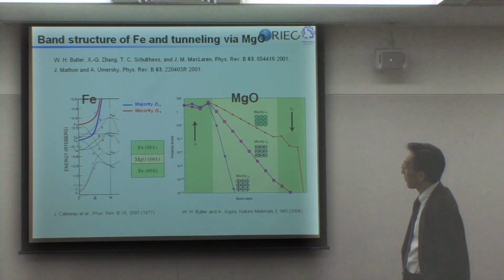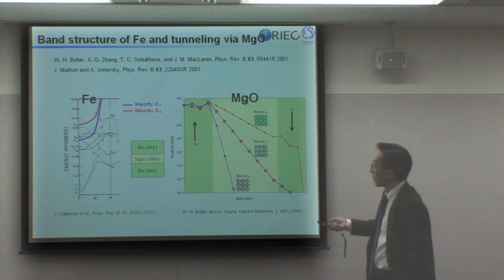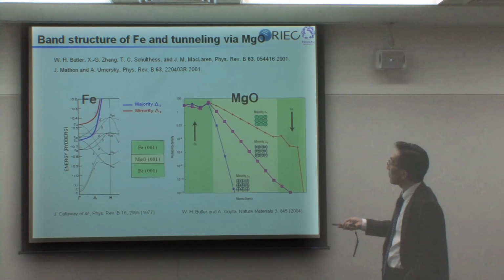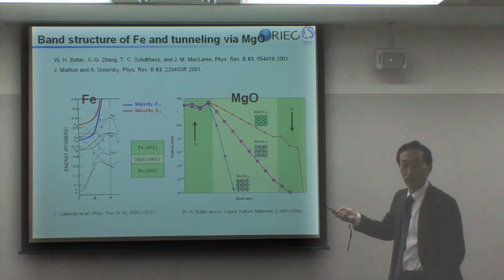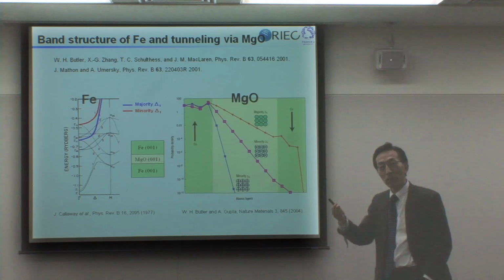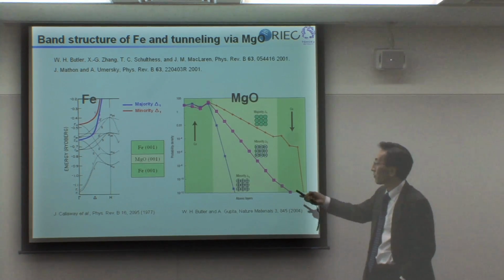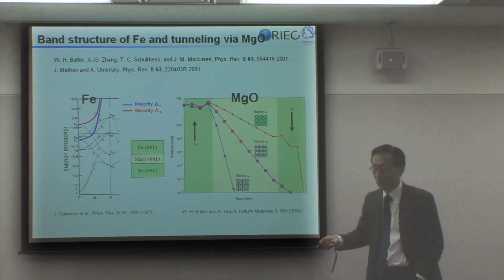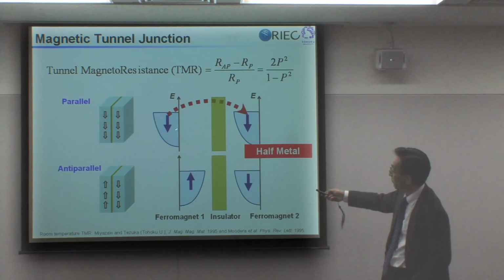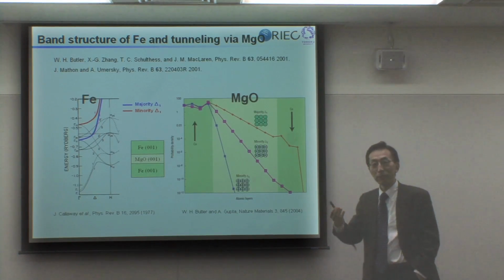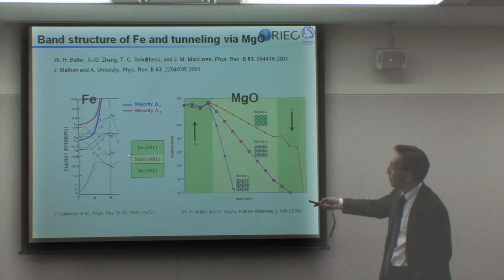So historically, people have found actually in 2001 there were 2 theory papers showing that even though iron, which is a very common ferromagnet, or cobalt, which is another very common ferromagnet, even though they are not half metals like this, you can make it effectively half metal by introducing magnesium oxide, for example.